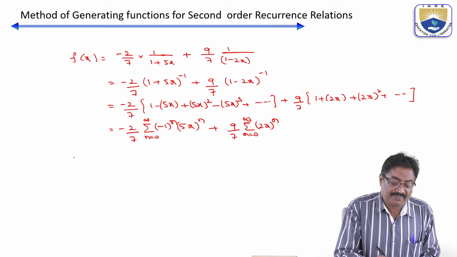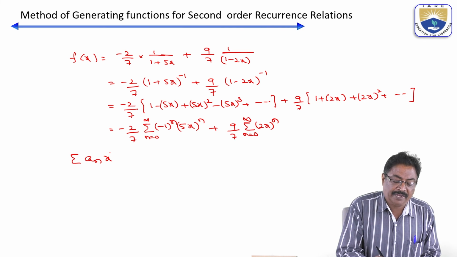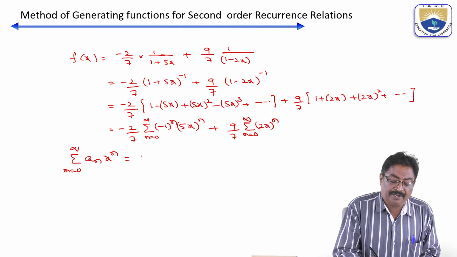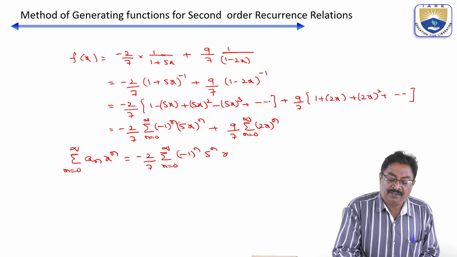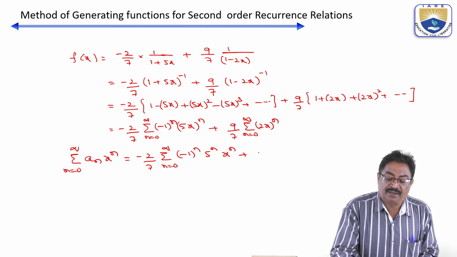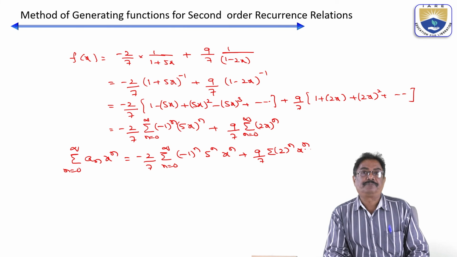Then f(x) is nothing but summation a_n x to the power of n, n equals 0 to infinity. Then it is minus 2 by 7 summation n equals 0 to infinity, minus 1 to the power of n, 5 to the power of n, x to the power of n, plus 9 by 7 summation 2 to the power of n, x to the power of n.